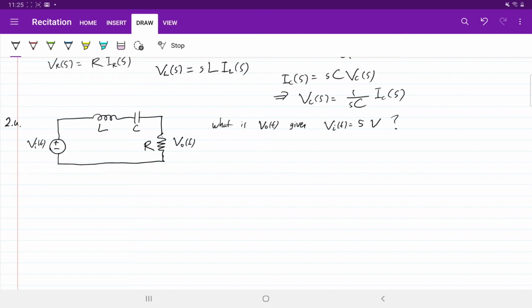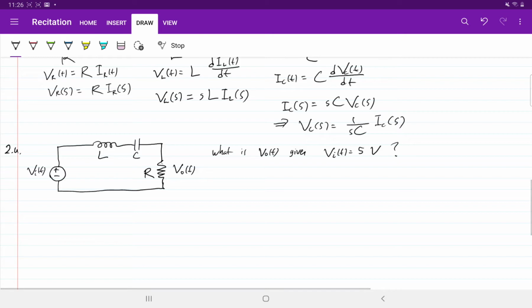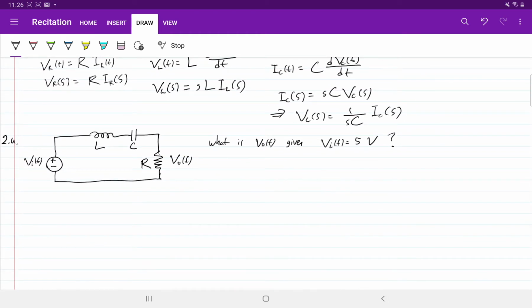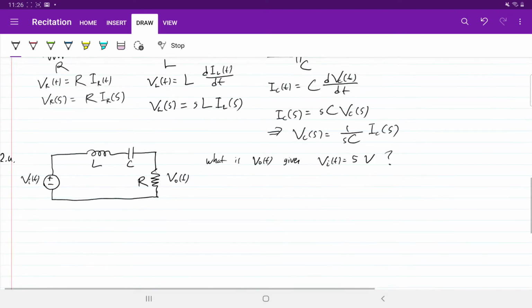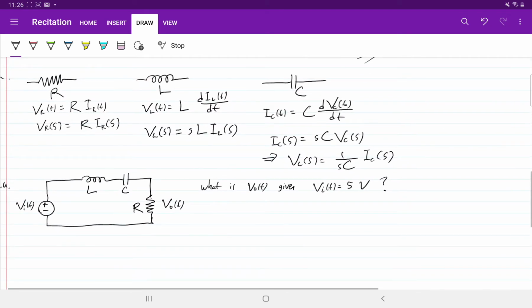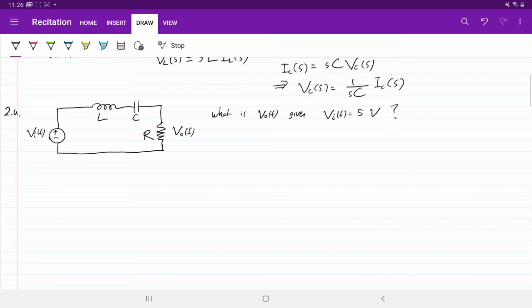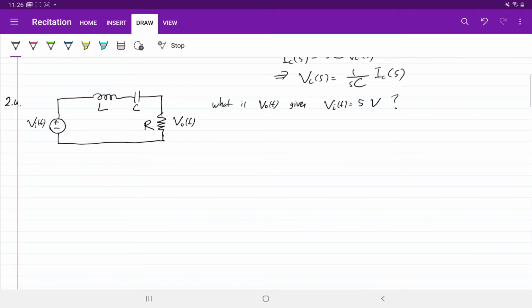If you remember your network theory class, you should be able to solve this using differential equations. But here I will show you how to solve it using the Laplace transform, because it will be much quicker. So that's one application of the Laplace transform.